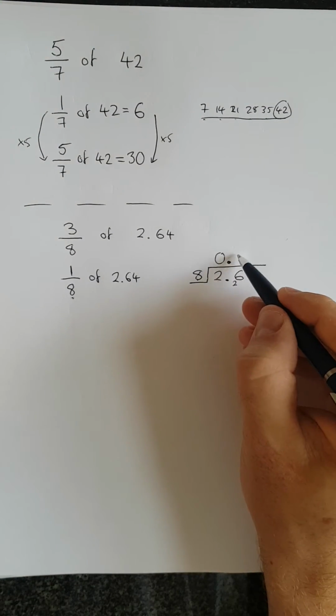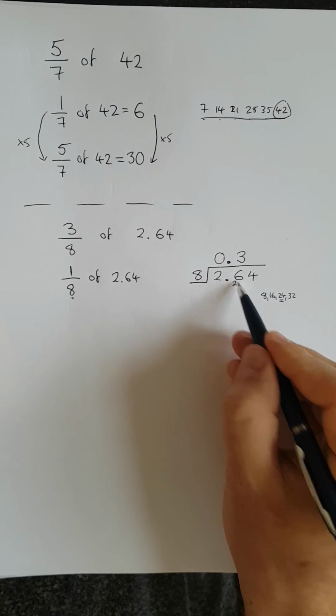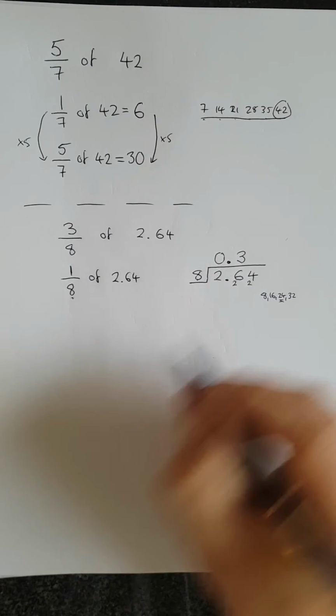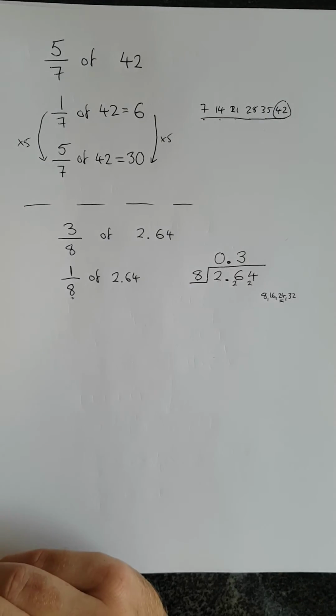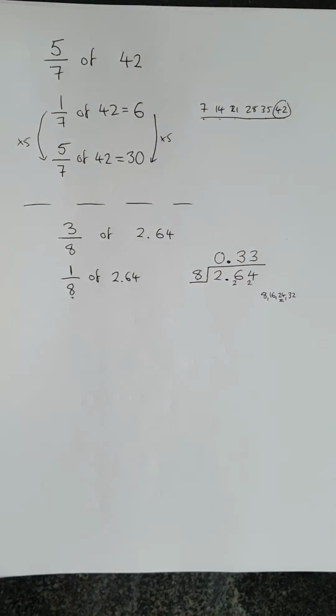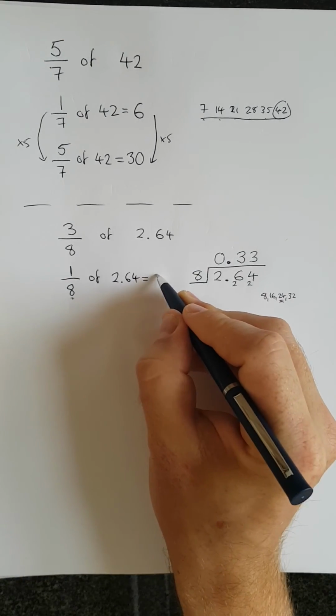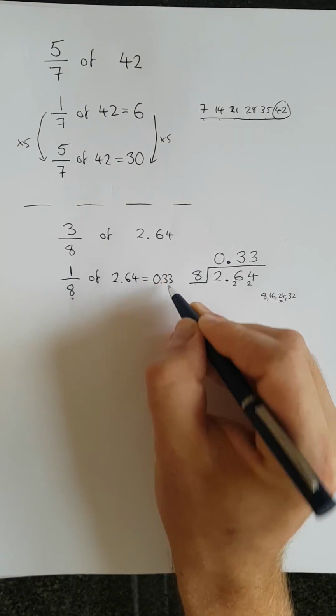So that's 3. My remainder is 2. 8 into 24 is 3. So 1/8 is 0.33.